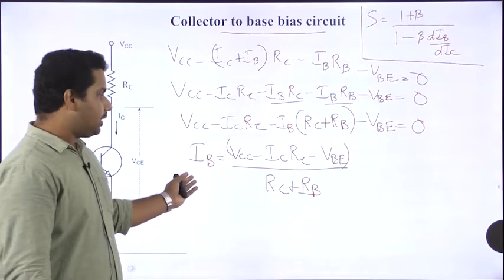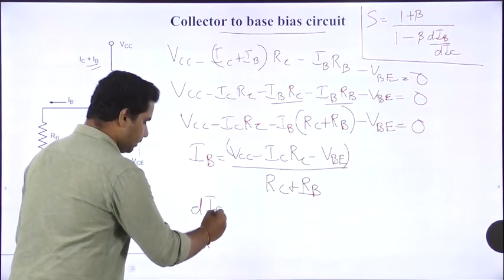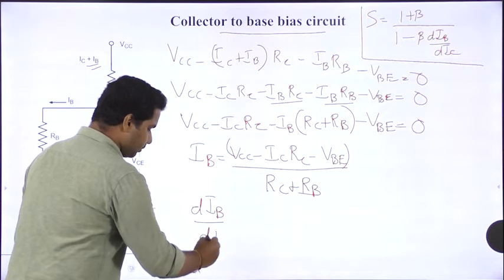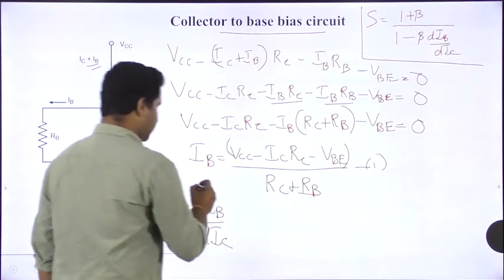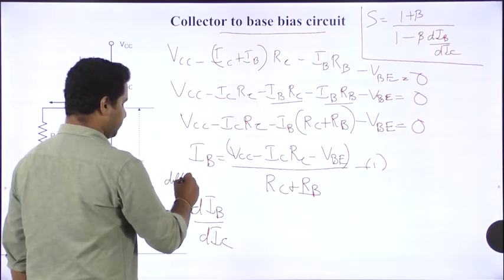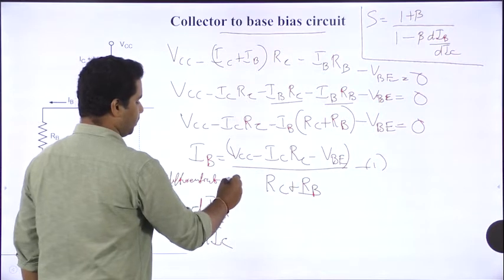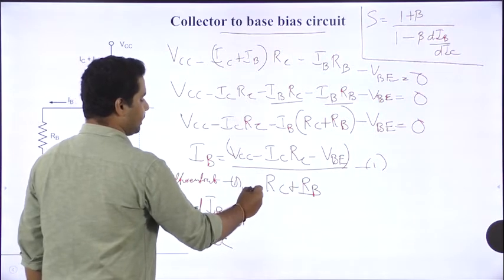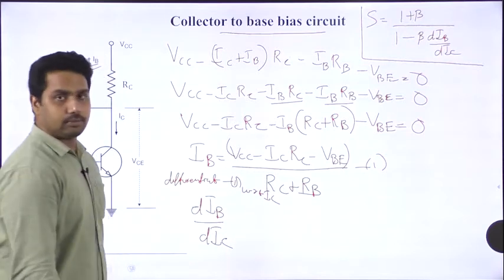If I have IB, it is very easy to find DIB by DIC. If this is equation number 1, then differentiate equation number 1 with respect to IC. That's it. We'll get this.